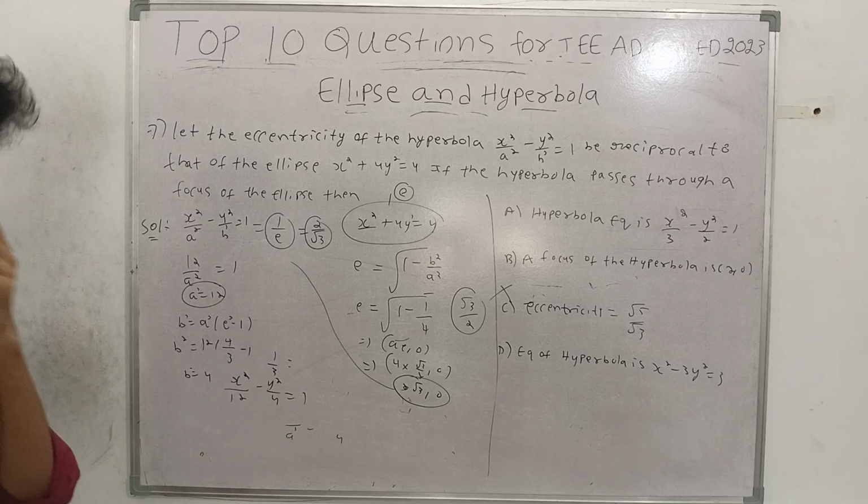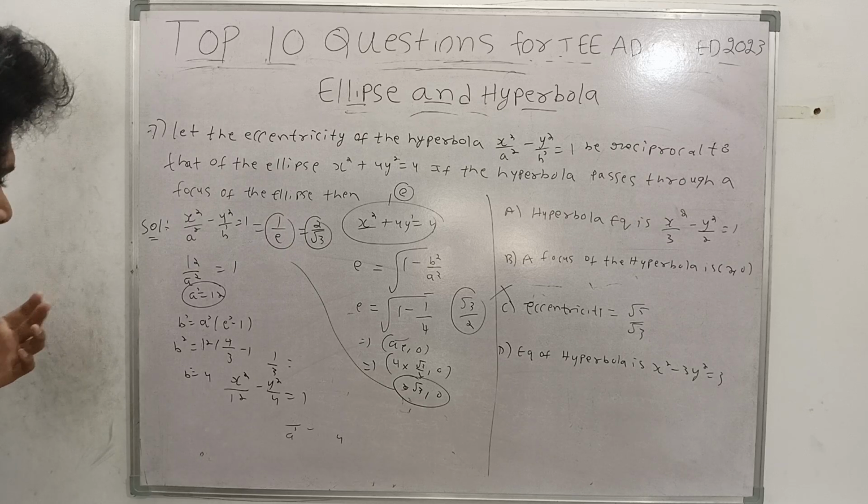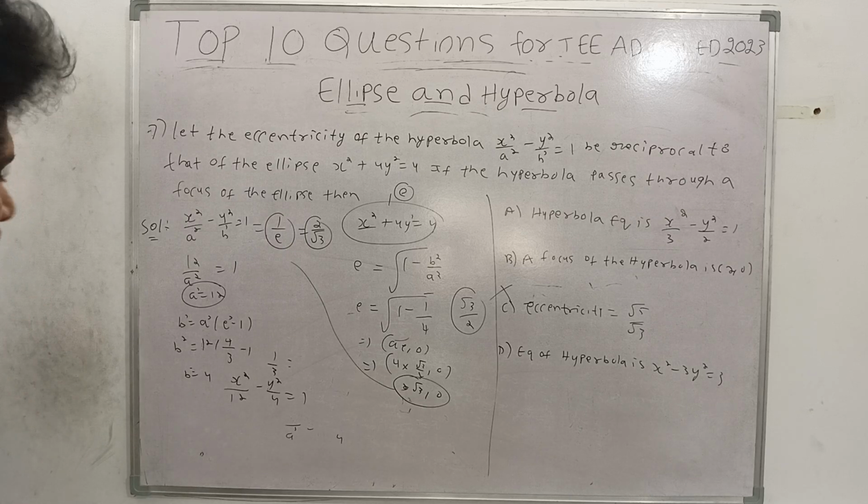Where is it? Why are the 2 options wrong here? What I did is correct only. b square equal to a square into e square minus 1, it is also correct.